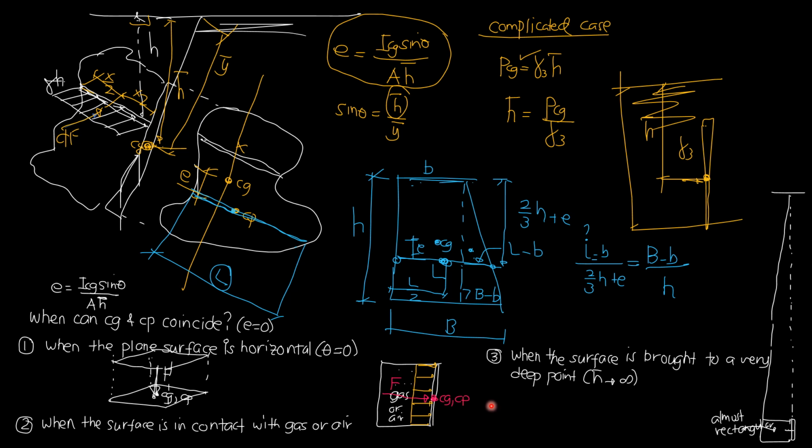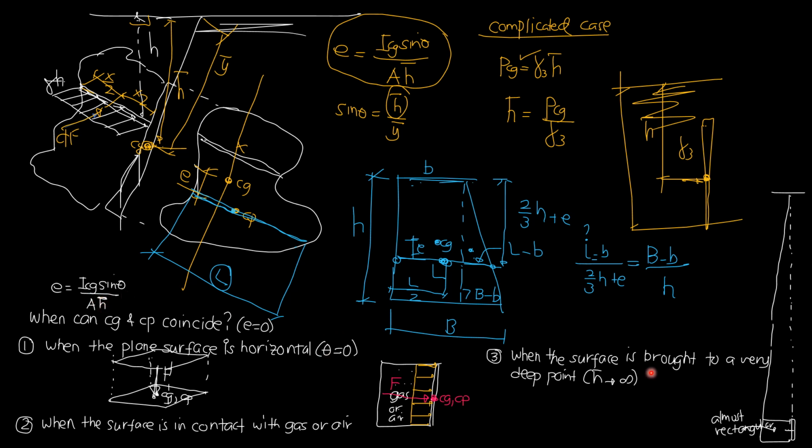And the third way is if you study the formula, barred H will depend on the position of the plane surface. And this E will only be 0, even if there is theta, when barred H is very, very large, or barred H approaches infinity. When that happens, any value divided by barred H, which is very high, would approach 0.